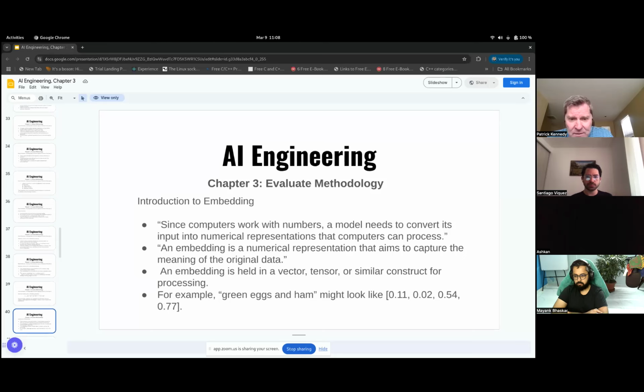So it talks about how embedding works, and the book by Sebastian Raschka, Build a Large Language Model, has some great material on understanding tokenization and making embeddings, and it's definitely a must read.